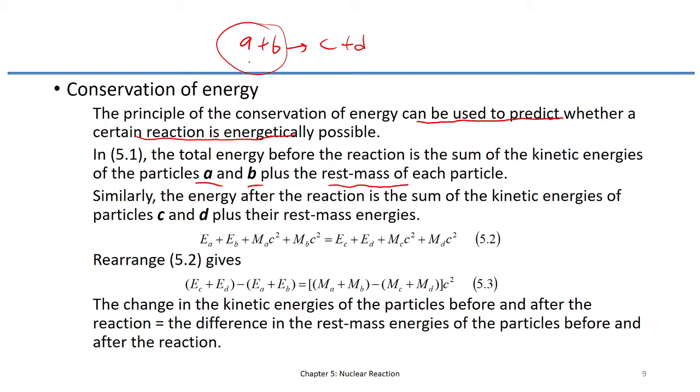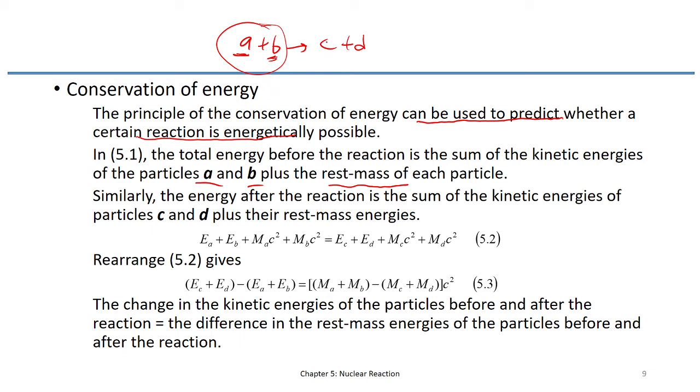So before the reaction, the total energy is the sum of the kinetic energy of A and B, plus the rest mass energy of A and B.